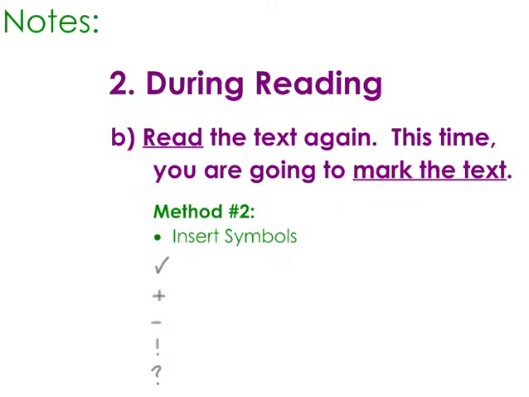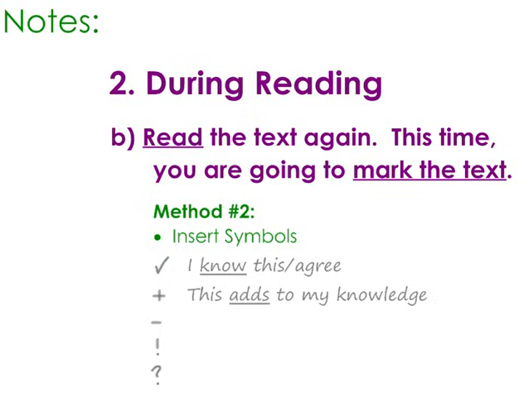Method number two is inserting symbols as you read. You can choose your own symbols that have meaning to you, or you can start off with these ones. You can use a check mark if you know this already, or if you agree with something that you've read. An addition sign is for something new to you because it adds to your knowledge.